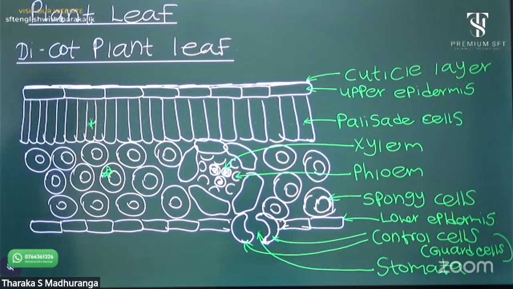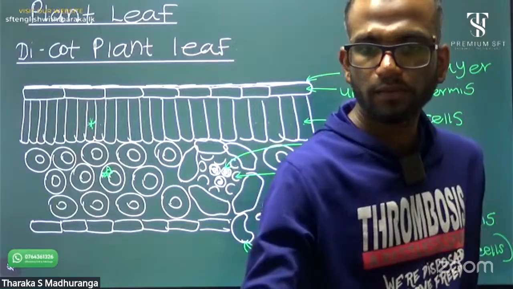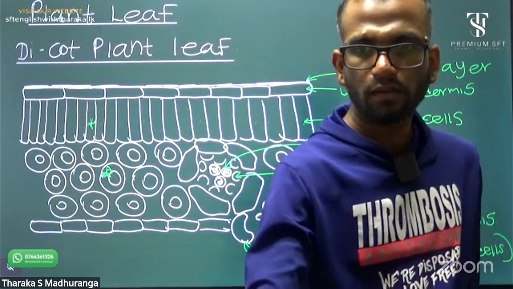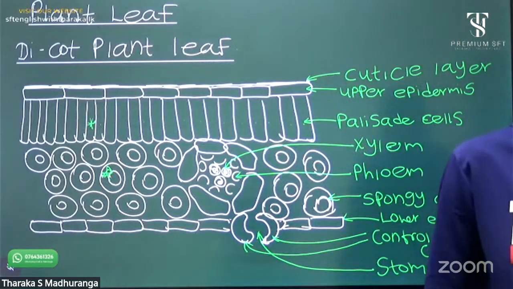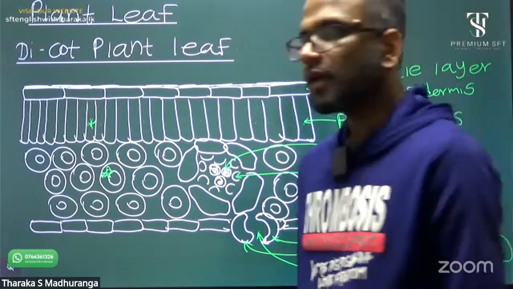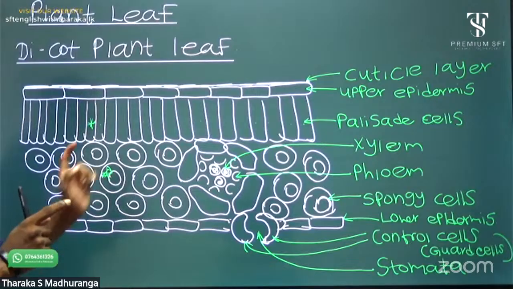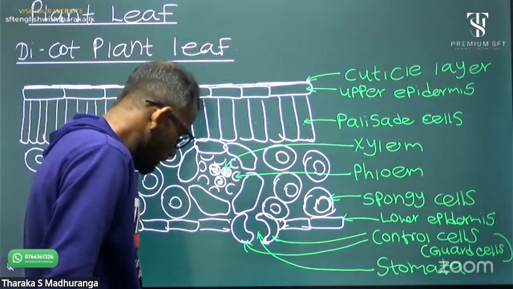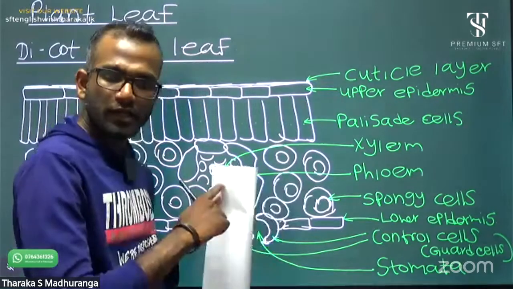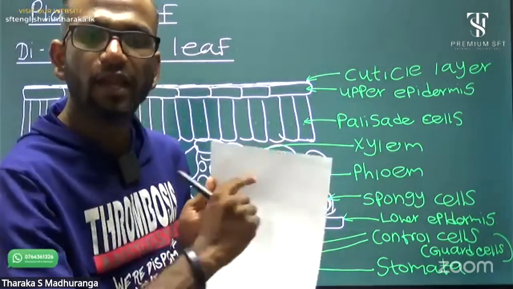Okay. Now, can I erase? Sarmya? Okay. Now, take a half sheet and draw clearly the dicotyledon plant structure and label it.